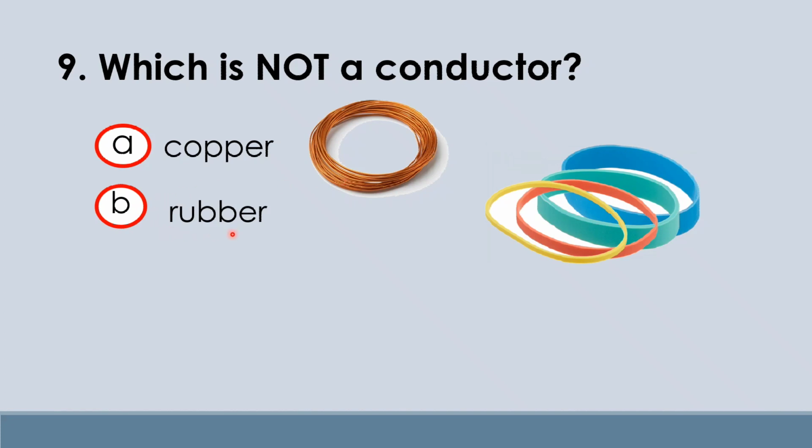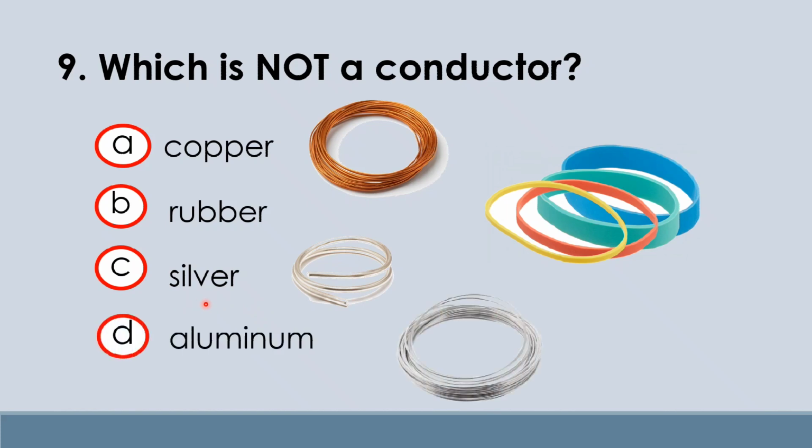Letter C, silver. Letter D, aluminum. Which of these is not a conductor? Now, if you're ready, let's go to the last item, number 10.